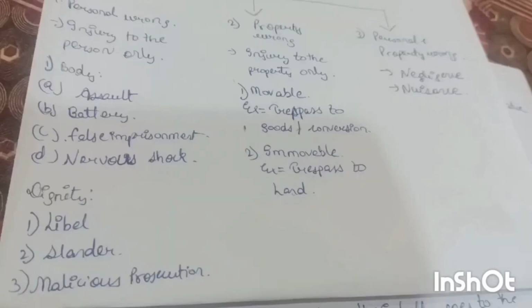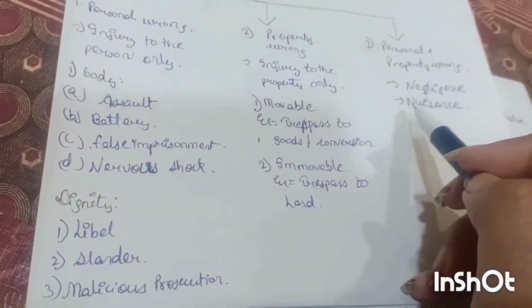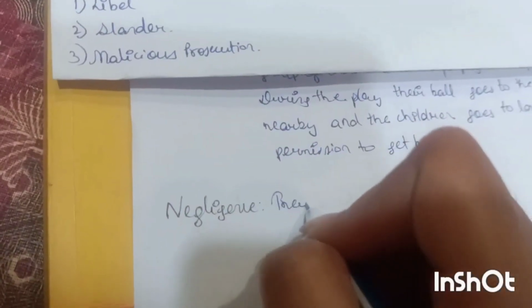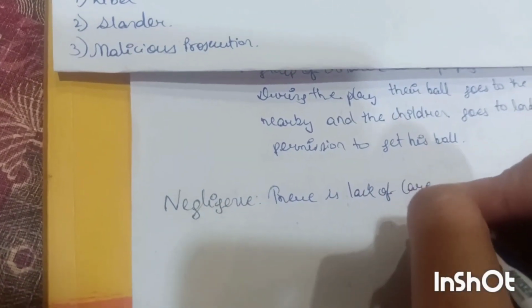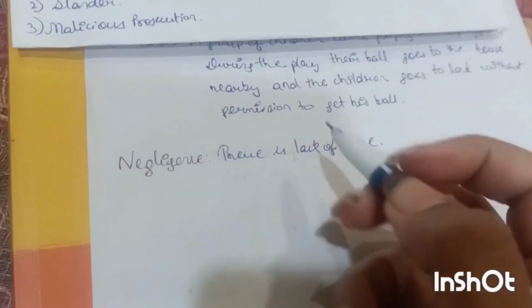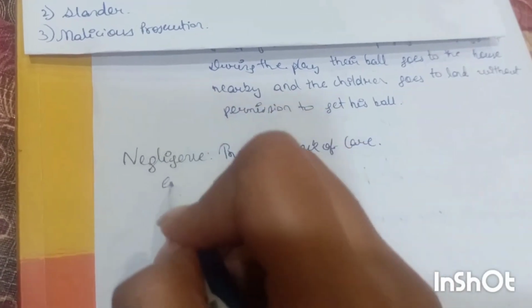Okay. So now for negligence and nuisance. Let's see negligence. There is lack of care. I've already explained it, but I'm still giving the example.